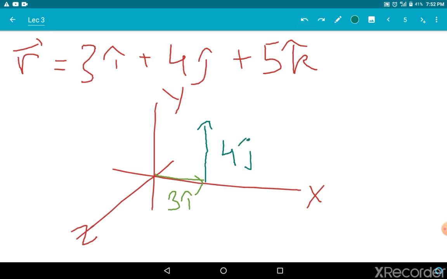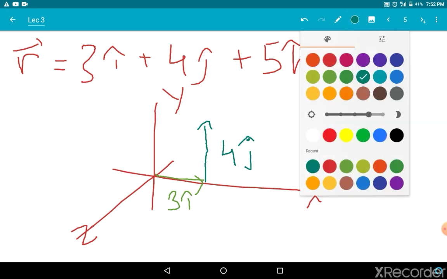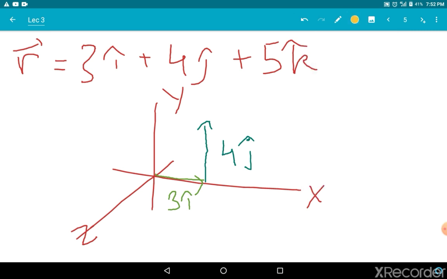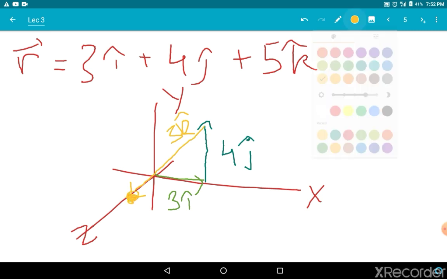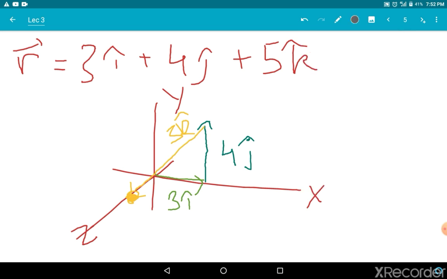So put on j cap, and let's go 5 in the direction of z, 5 k cap. So this point we find it here. What will be its coordinate? We taught you position vector, so the coordinate of this point will be nothing but 3, 4, 5.